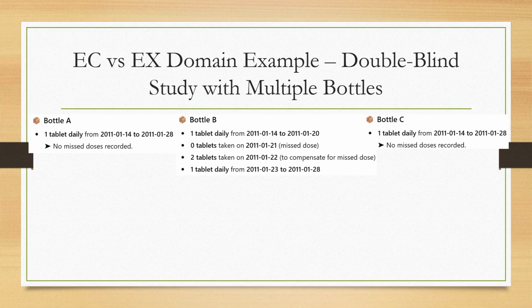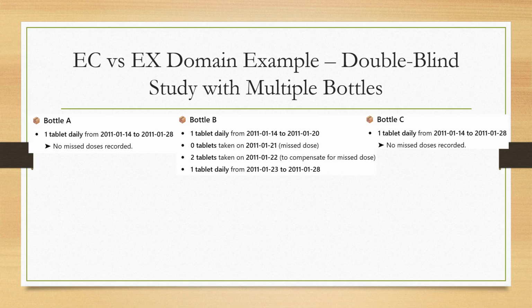So for this subject, what happened is that the subject took one tablet daily from bottle A starting from 14th of January till 28th of January. And from bottle C as well, the subject has taken one tablet daily for this duration.